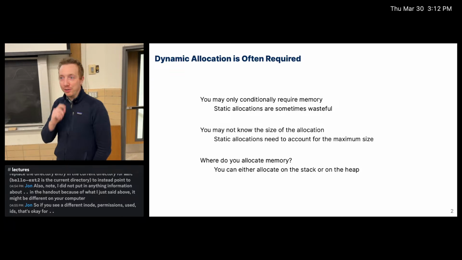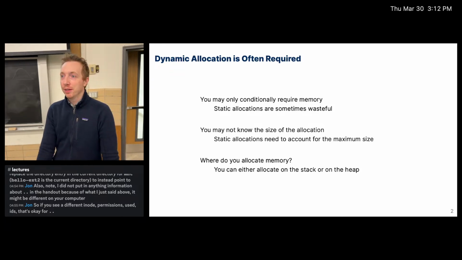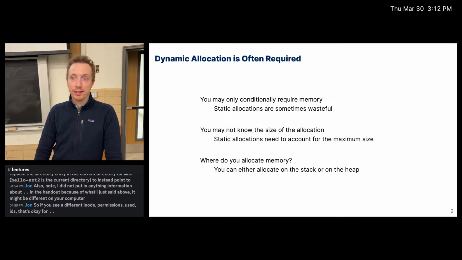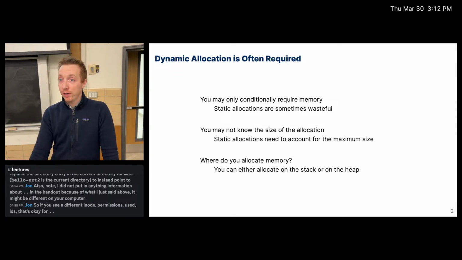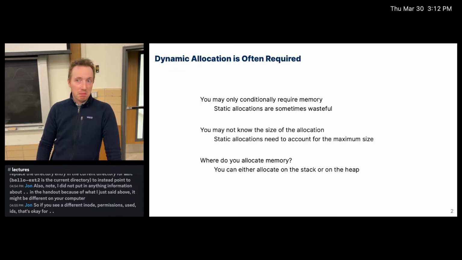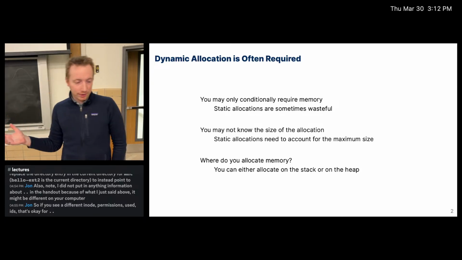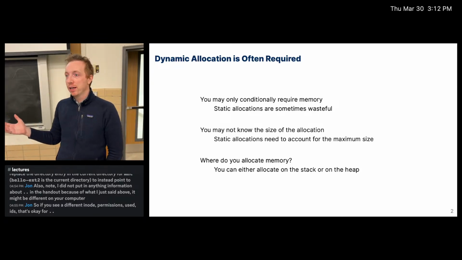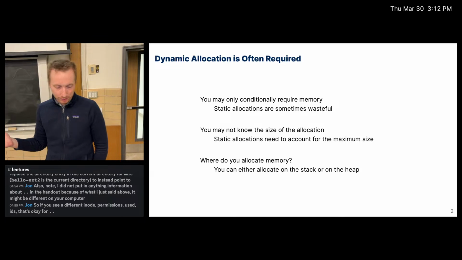But often you actually need dynamic allocation because the problem with static is, well, you have to declare everything up front. So you might not know how much memory your process even uses ahead of time. Sometimes it will only use it in certain conditions, in which case, if half the time your program uses next to no memory and in 1% of cases it uses 2 gigabytes, well, you're going to have to set aside 2 gigabytes of memory, which is of course going to be wasteful.